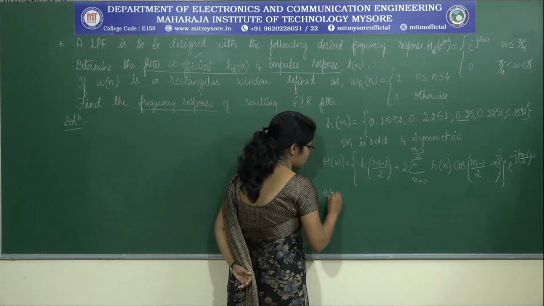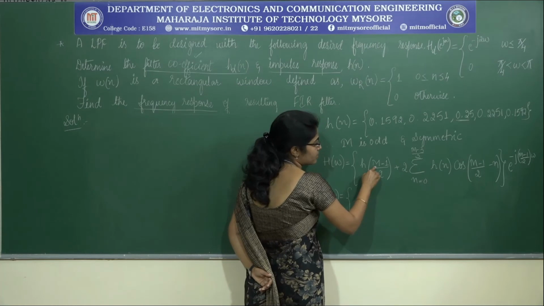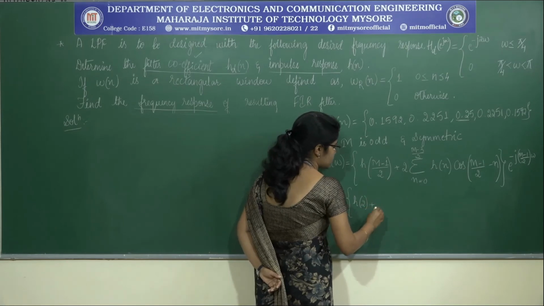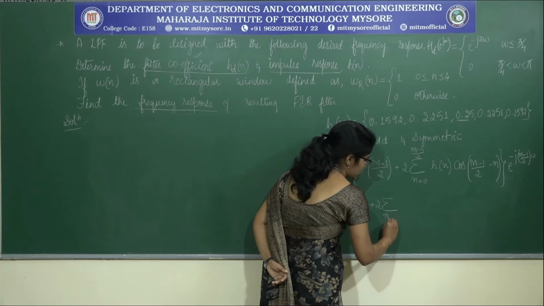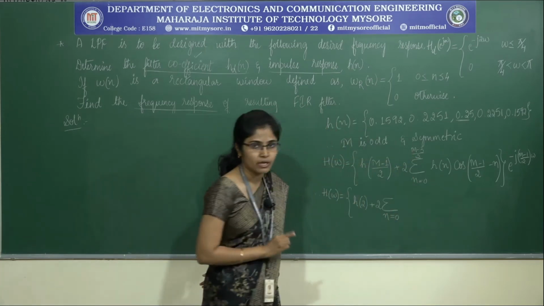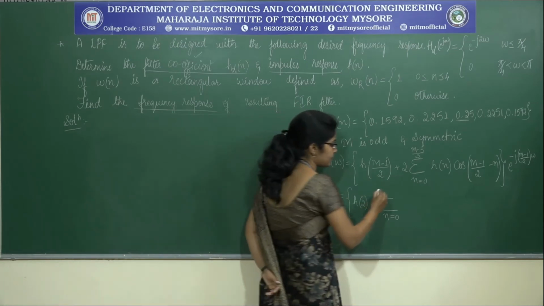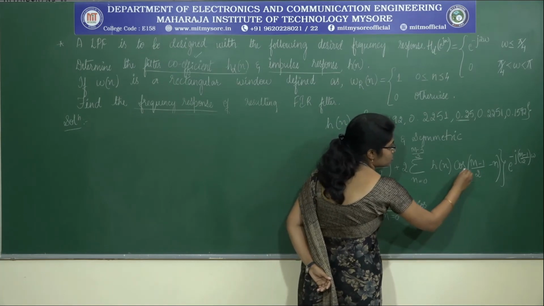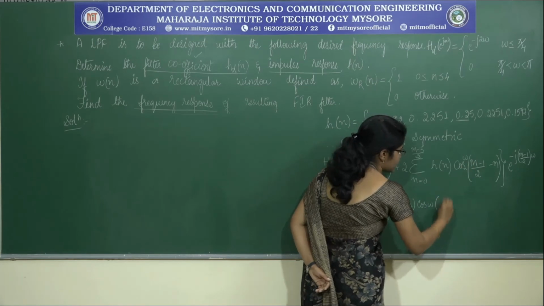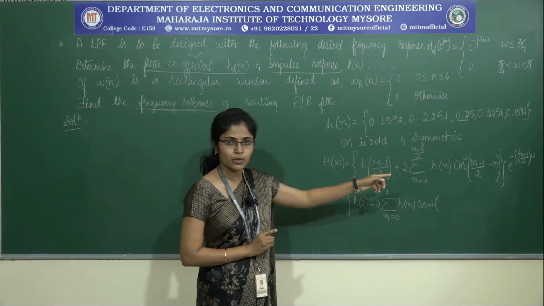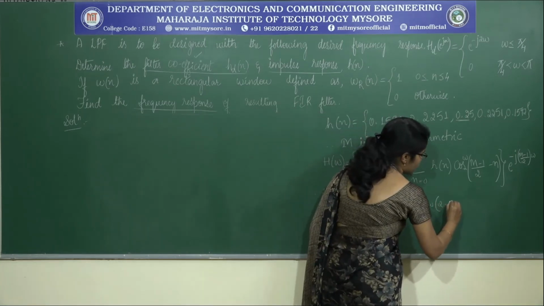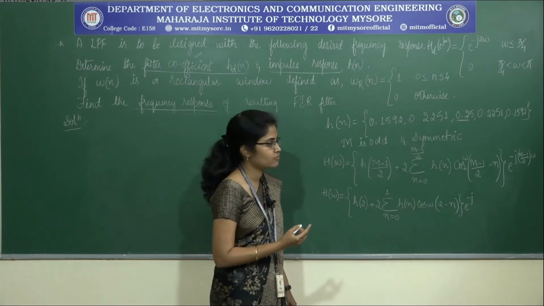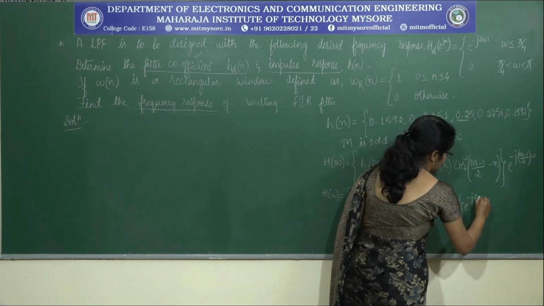Therefore h of omega will be equal to h of 2, since 5 minus 1 is 4, 4 by 2 is 2, plus 2 into summation n ranges from 0 to 1, since 5 minus 3 is 2, 2 by 2 is 1, of h of n into cos, here I have missed omega, so cos of (2 minus n) omega, into e power minus j 2 omega.